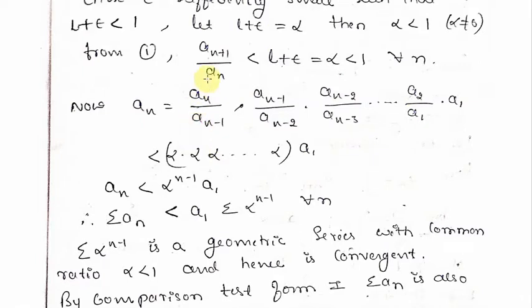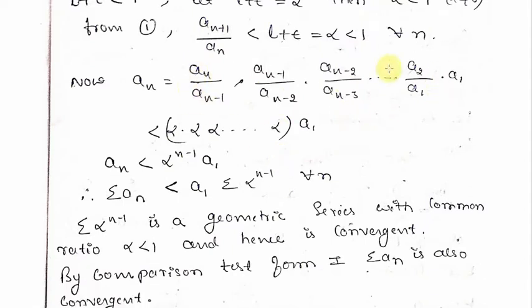Now, since we have an+1 divided by an is less than alpha for all the values of n, an by an minus 1 is less than alpha, an minus 1 by an minus 2 is less than alpha. Similarly, etcetera, a2 divided by a1 is less than alpha. So, this RHS is less than alpha into etcetera into alpha, whole into this a1, right?